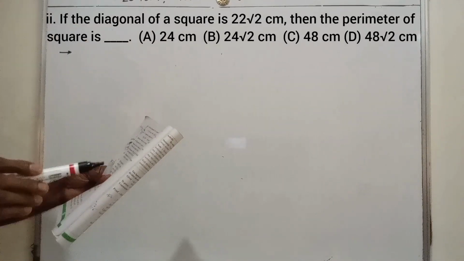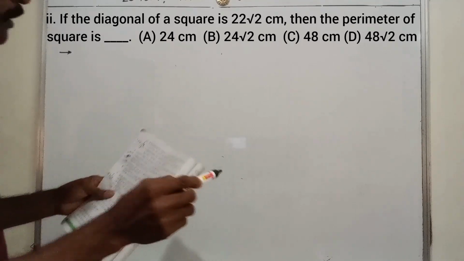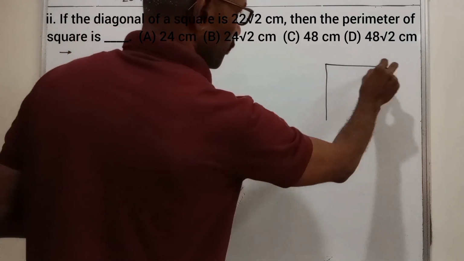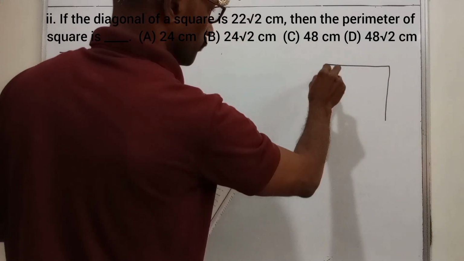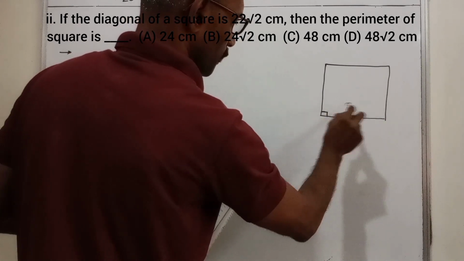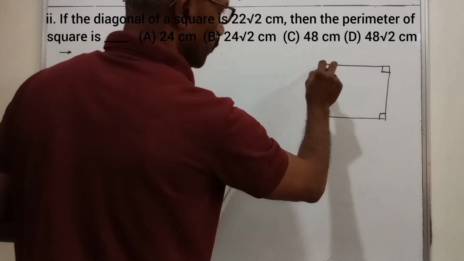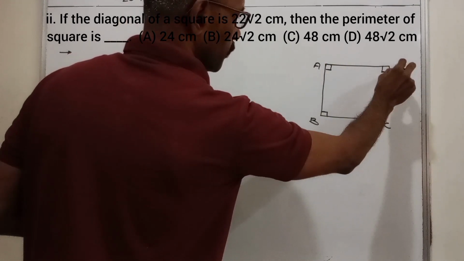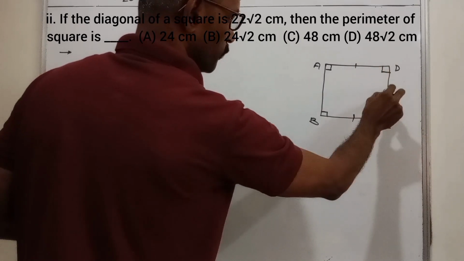Rhombus. Example number 2. If the diagonal of a square is, see here, this is a square. Square means each angle is a right angle, A, B, C, D. All sides are congruent.